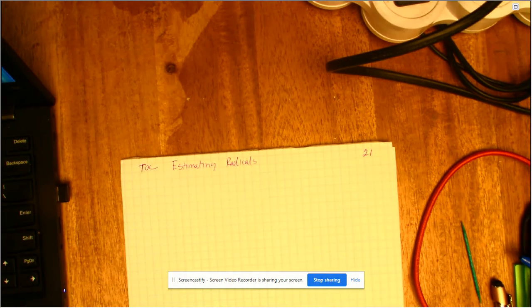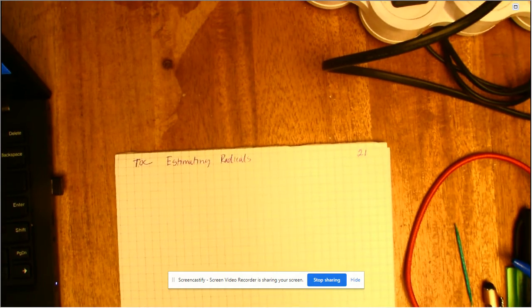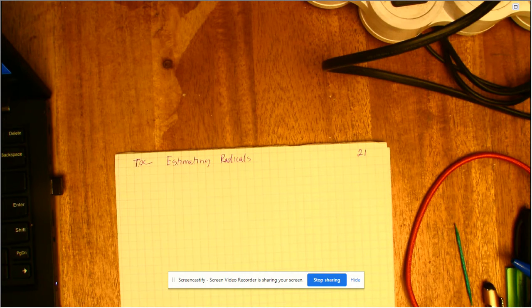If you remember back when we started real numbers, we talked about the real number family and how it broke down into other families, right? It broke between rational and irrational numbers. Rational being able to be written as a fraction, irrational not being able to be written as a fraction, but they were both part of the real number system, okay?